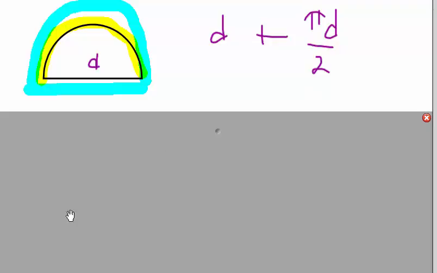So we plug in what we know. And what do we know? We know that the diameter is 2 decimeters. So you would do 2 plus 3.14 times 2 divided by 2. Now the one thing about multiplying and dividing by 2, they can kind of cancel each other out. So your answer here is going to be 5.14 decimeters.